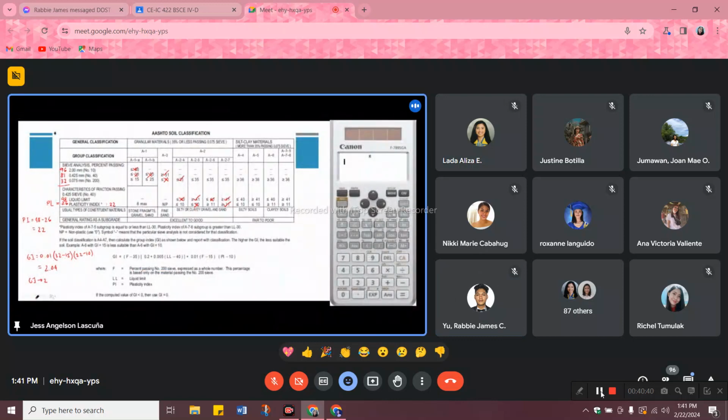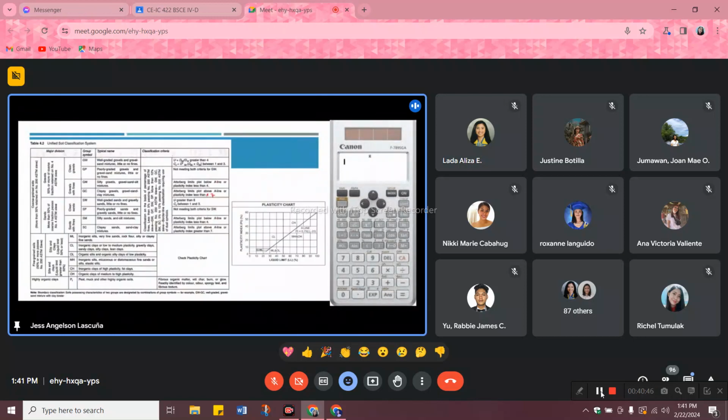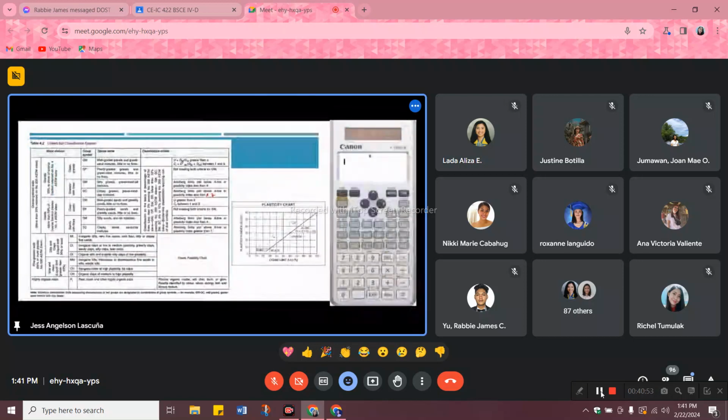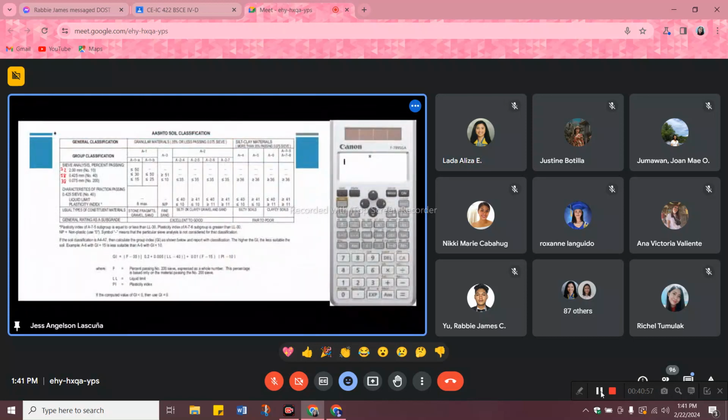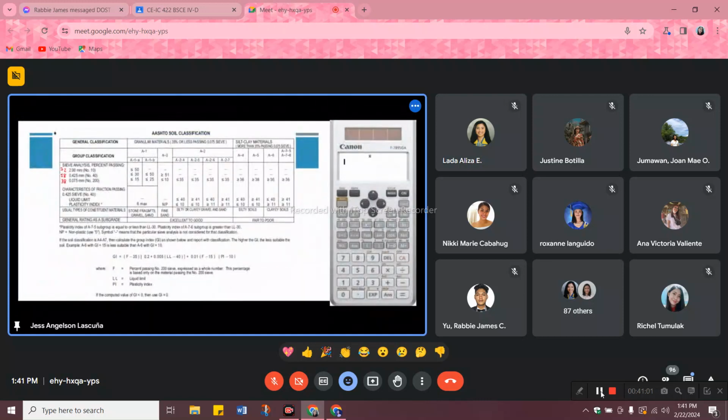Now let's go to soil C. 72, 58, 38, and 44, 23. 23 is the PL, since what's given is the PI.